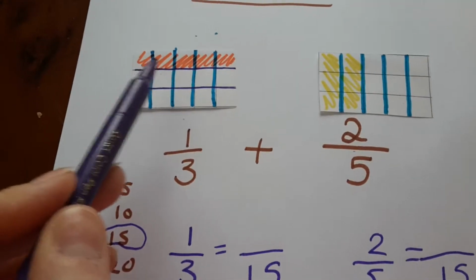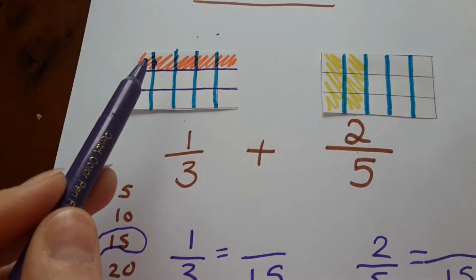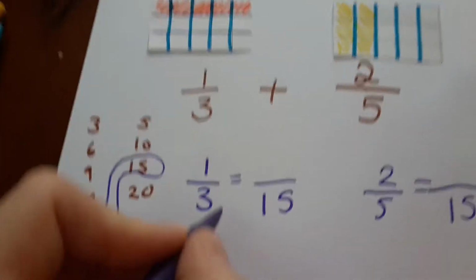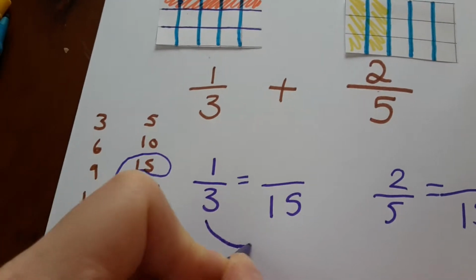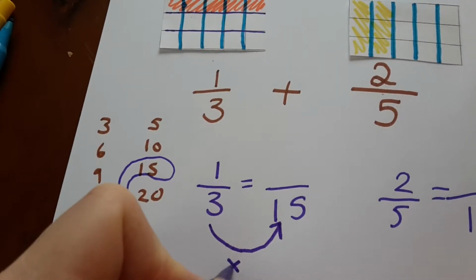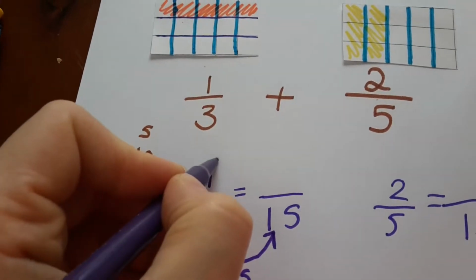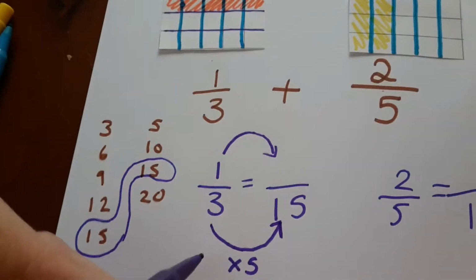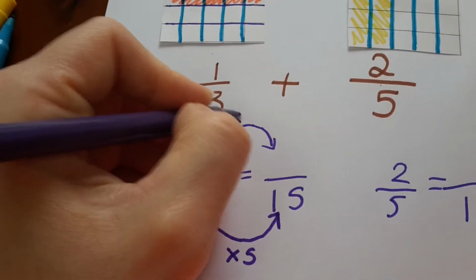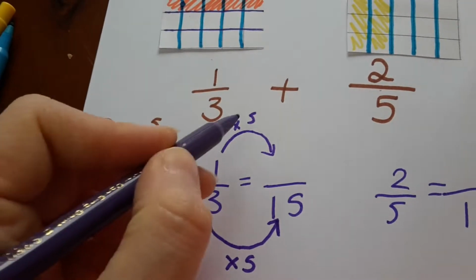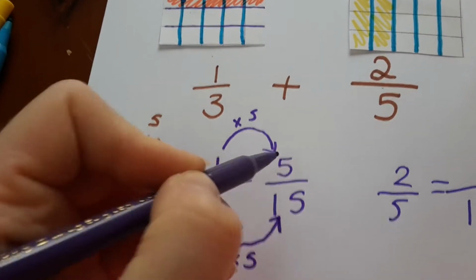Now notice that my third, because my third's been chopped into smaller pieces, I have 1, 2, 3, 4, 5 of those. Notice that my third is going to be turned into 15 chunks by timesing by 5, so I have to treat my denominator and my numerator the same to keep them in proportion. So I'm also going to times my numerator by 5, so I end up with 5/15.